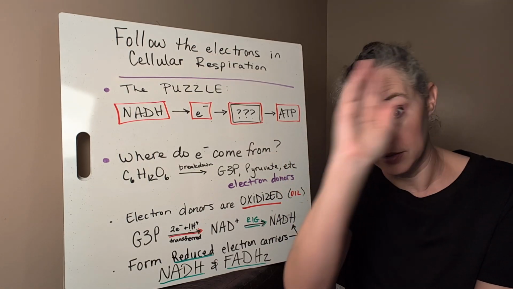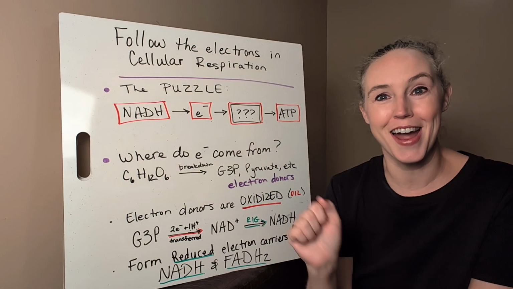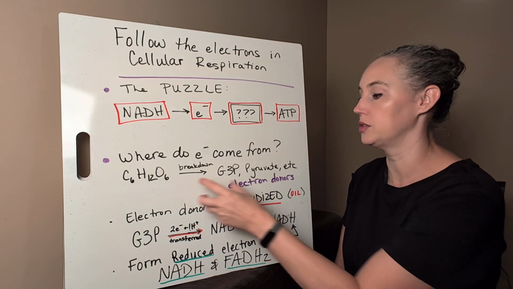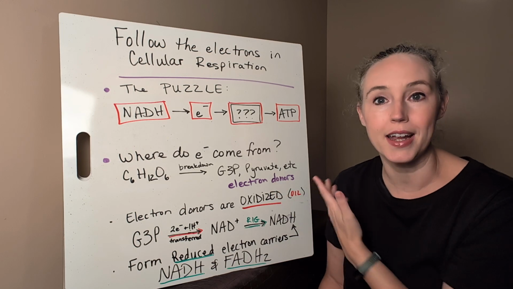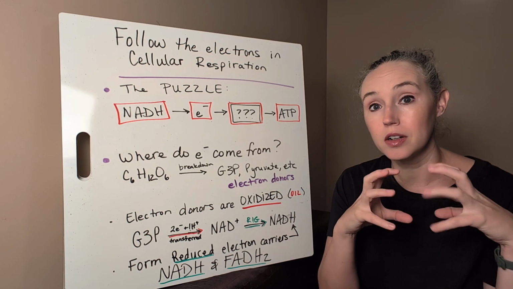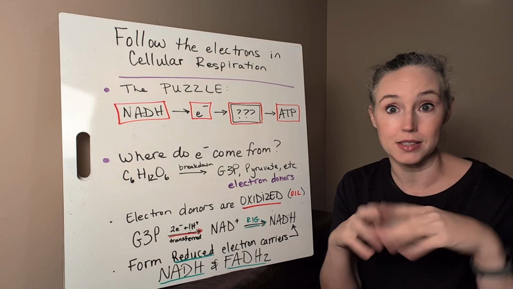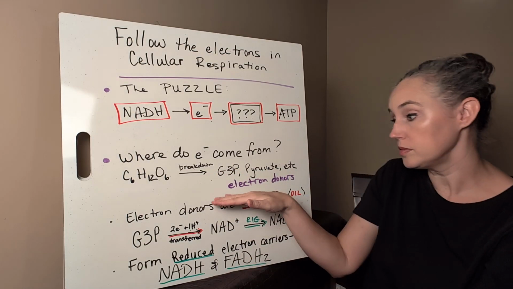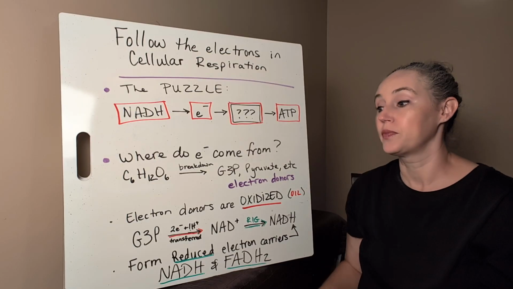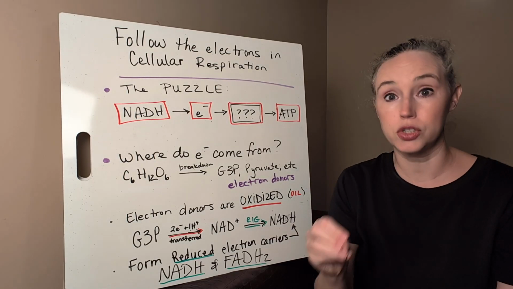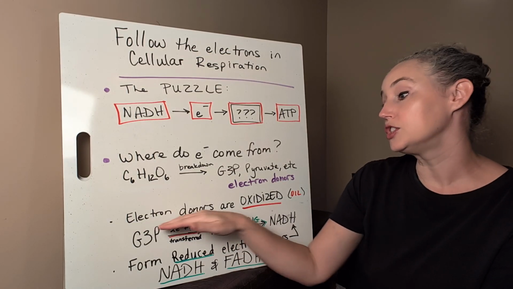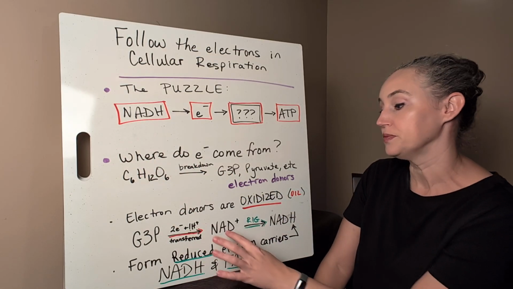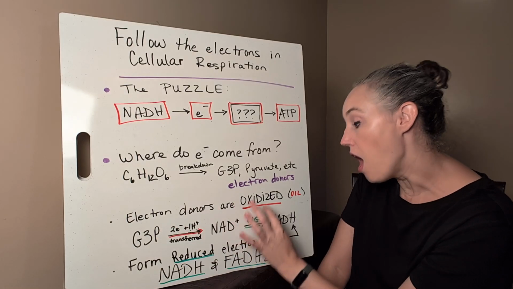There are a lot of intermediate reactions, and so when glucose breaks down into smaller molecules like G3P, pyruvate, and others, those smaller molecules are going to be the ones that hand off their electrons. These are the electron donors during cellular respiration.